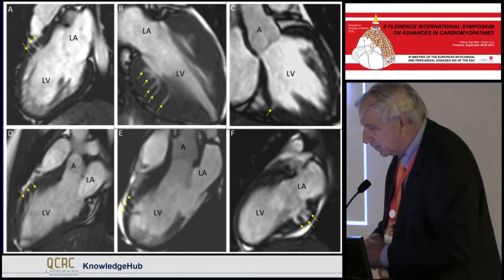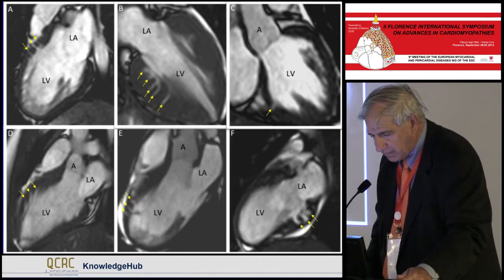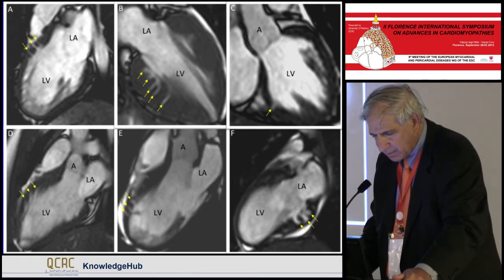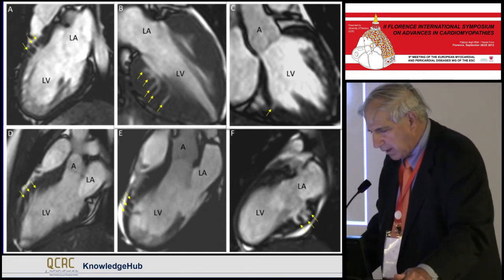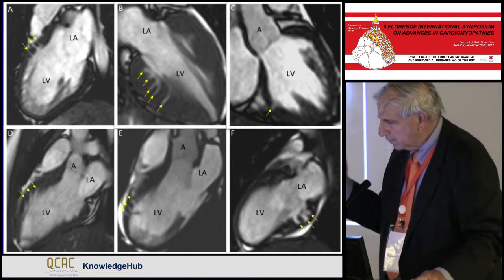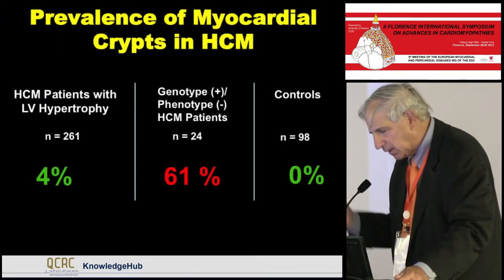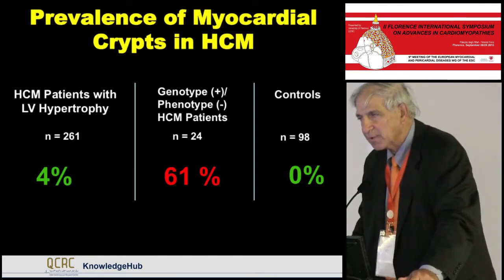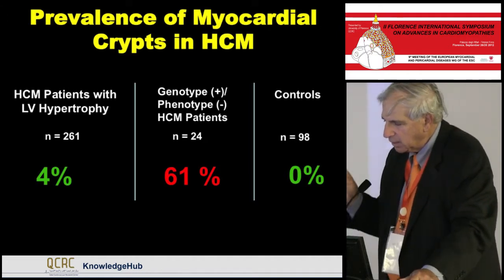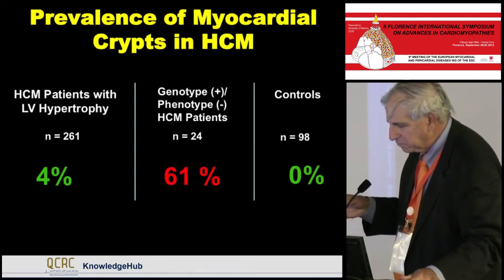I'm sure many of you have seen these little clefts, okay? They're blood-filled, narrow crypts within the myocardium, can be in the septum or the free wall. And they have, as it turns out, some diagnostic relevance. Because while the crypts can occasionally be seen in the fully formed phenotype of hypertrophic cardiomyopathy, they're very common in family members who do not have left ventricular hypertrophy.